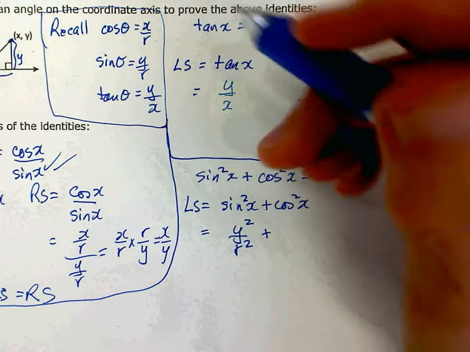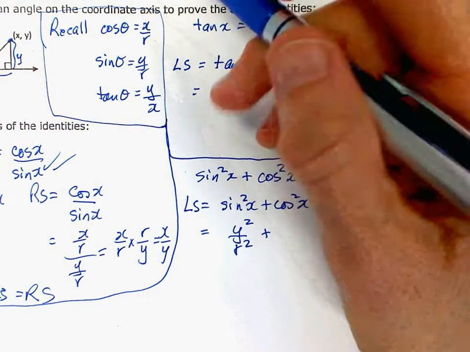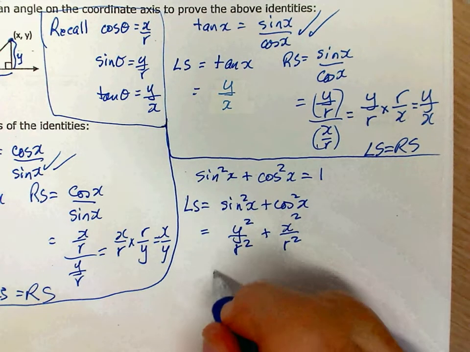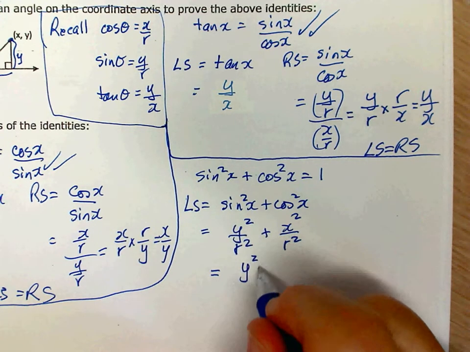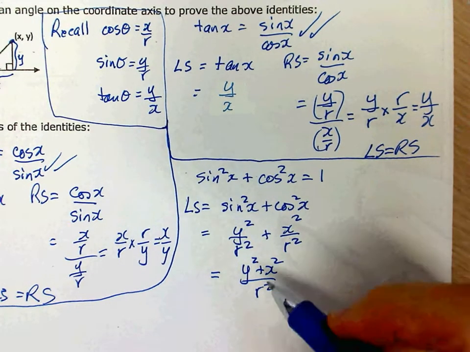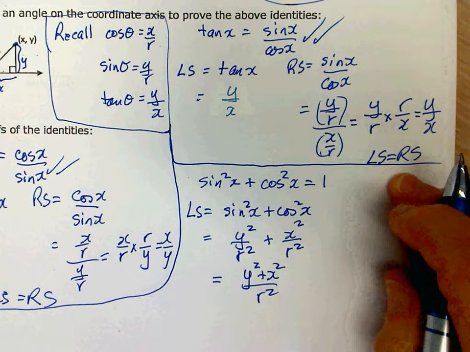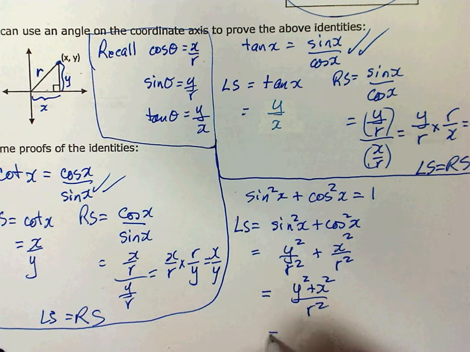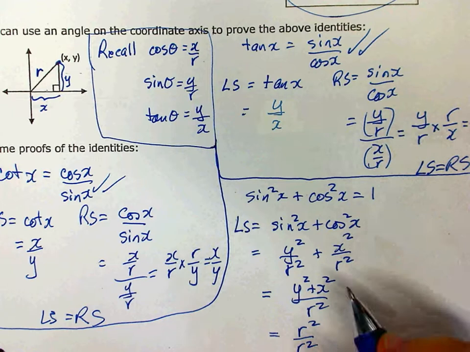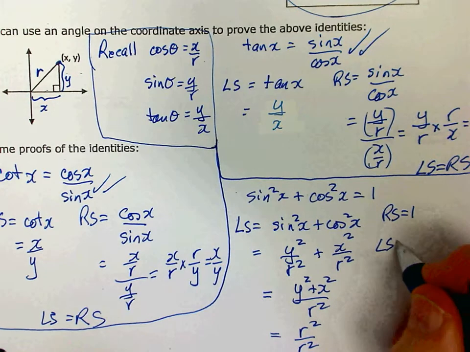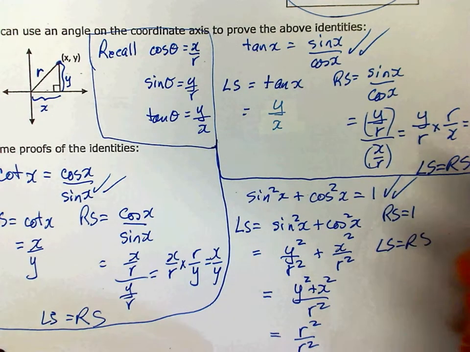If cos of an angle is x over r, then cos squared of an angle is x squared over r squared. So that is equal to y squared plus x squared over r squared. Now using the Pythagorean theorem, can anyone tell me what x squared plus y squared equals? R squared. Yeah, x squared plus y squared equals r squared. So that's r squared over r squared, and that equals 1. Right side equals 1. Left side equals right side. We know that this is true, so check.